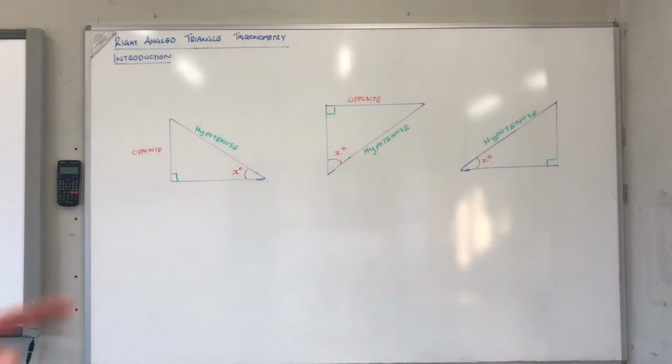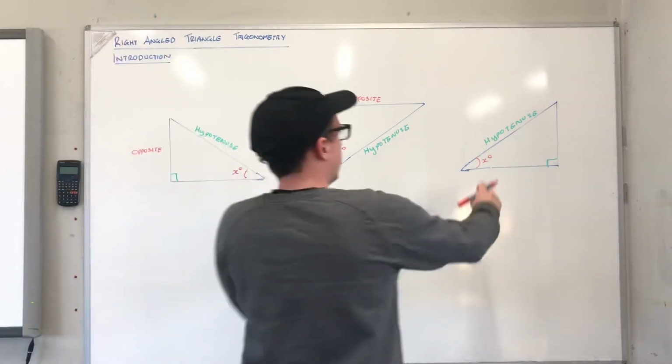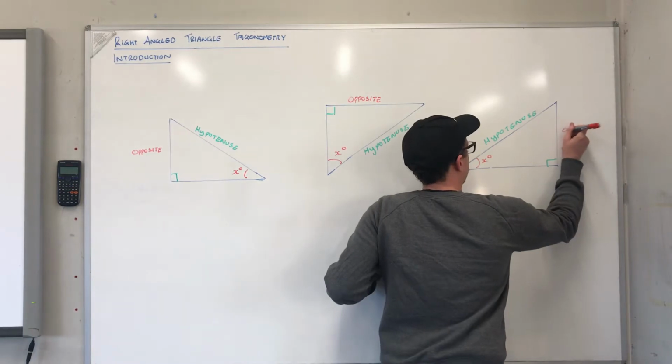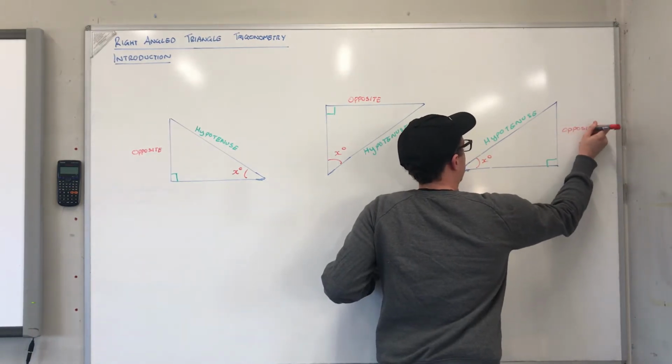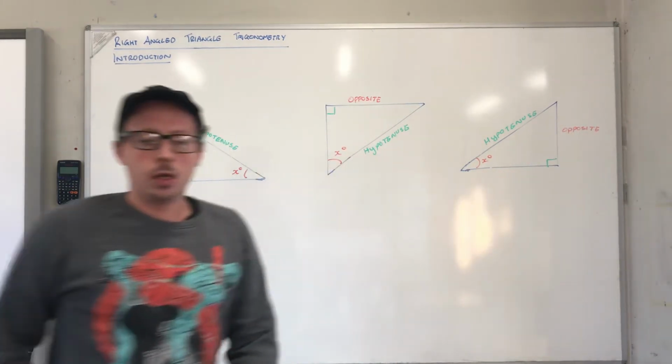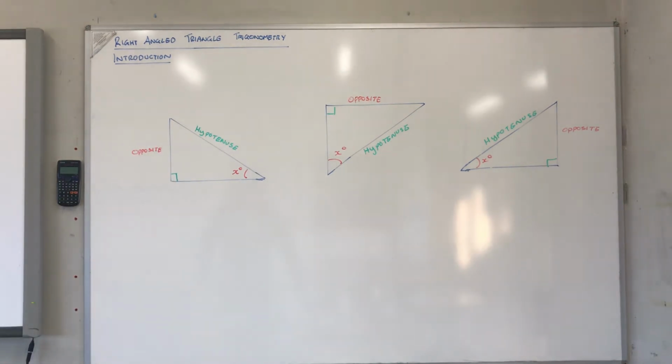And then for this final triangle, and that leaves us with one remaining side. The adjacent side, I could have started with this after the hypotenuse. The adjacent means next to it, so it means the side that is next to the angle, but that is not the hypotenuse.